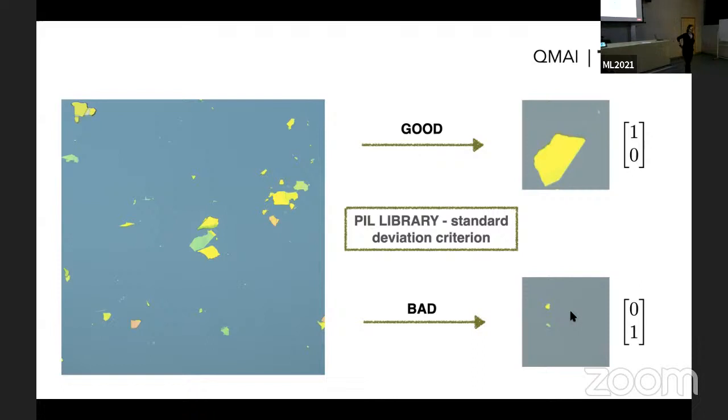Was it a method of looking for single flakes or multiple flakes or any flakes which can be useful in building a device? That's a great question. So in this specific material, and I'm going to show that for different materials this is not always the case, but hBN has a wide range of uses.